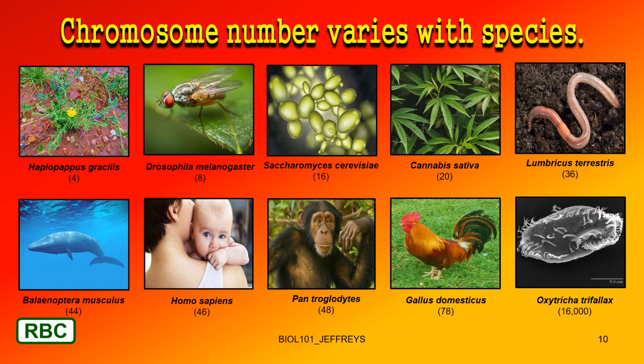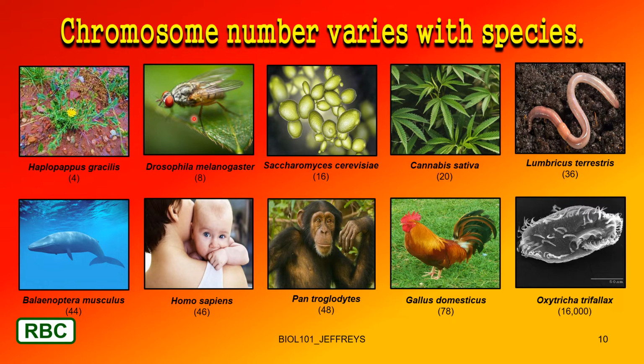Okay, as I said in the previous slide, chromosome number varies with species. You can see the typical everyday run-of-the-mill earthworm with its 36 chromosomes. There's cannabis with 20. Saccharomyces cerevisiae, that's a yeast, 16 chromosomes.